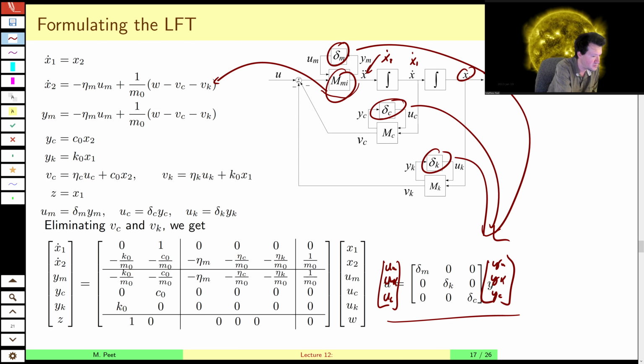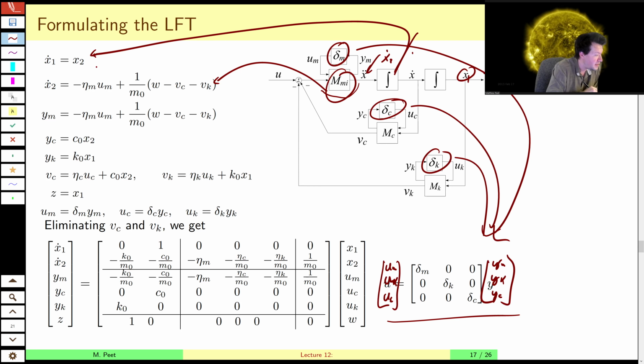So this is x1, right? And so x1 dot is equal to x2. Okay, yes. That's that equation right there.